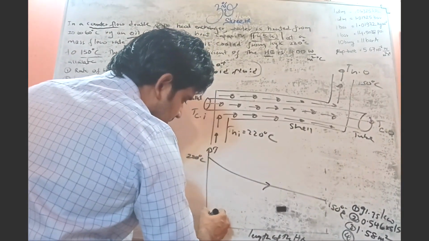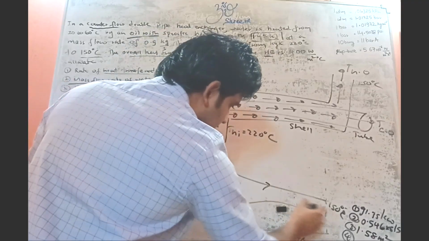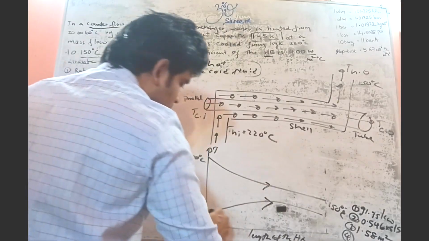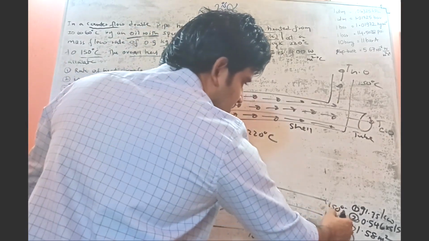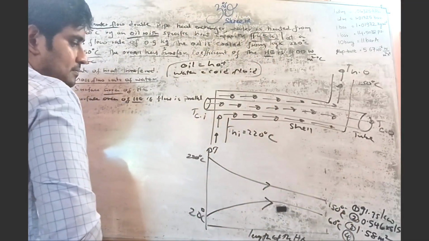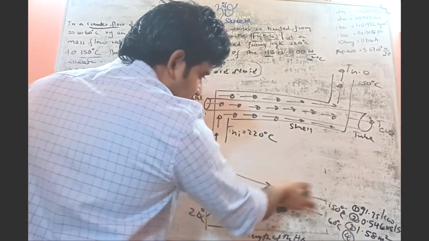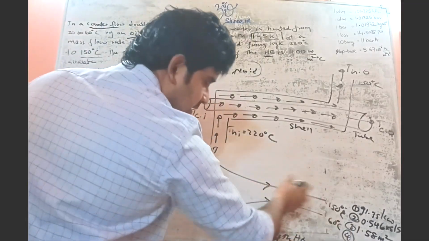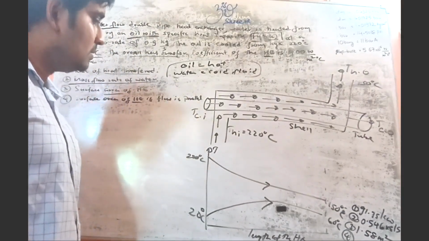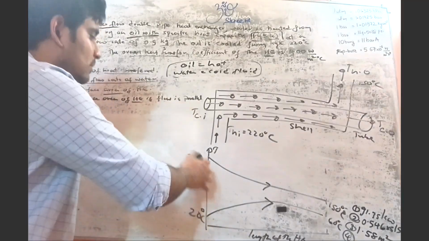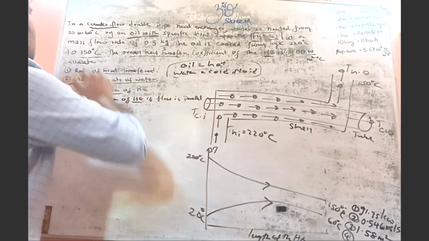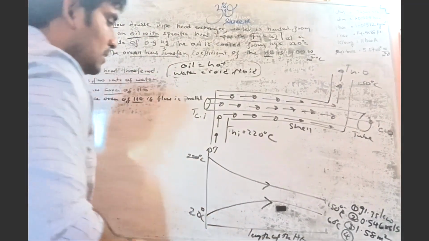That will be like this, same direction, 20 degrees Celsius to 60 degrees Celsius. Here we have the decreasing curve and here we have the increasing curve. So here we have the respective temperature profile, because we are considering the parallel flow.